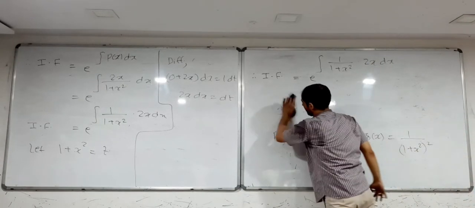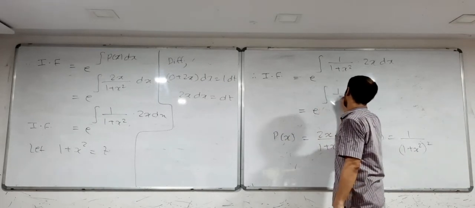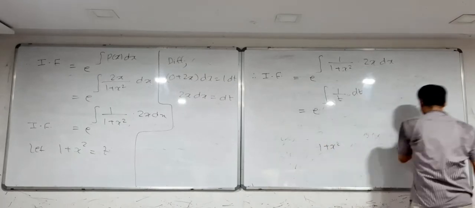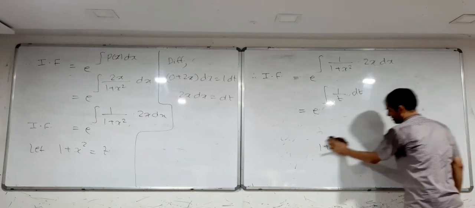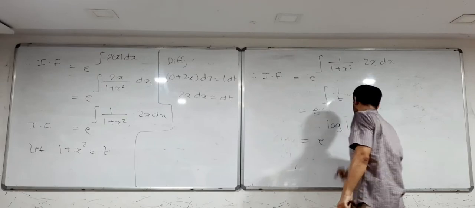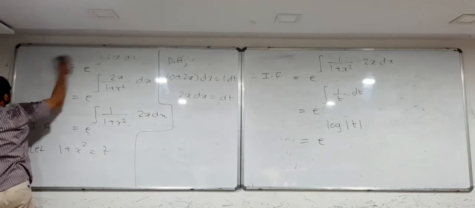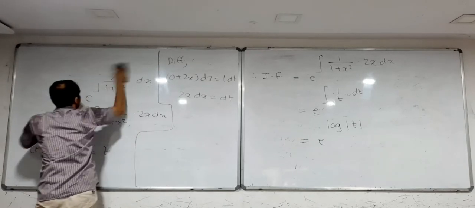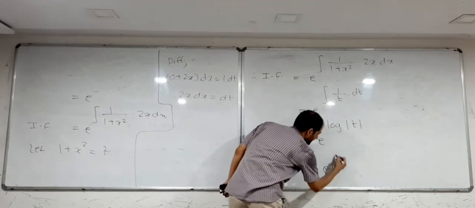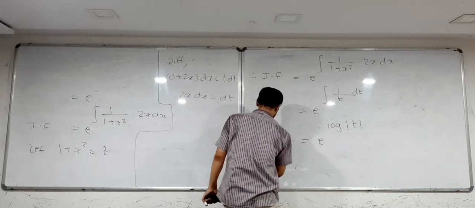What is 1 upon t dt? तो ये कितना हो जाएगा? e raised to integration of 1 upon t और 2x dx is dt. What is integration of 1 upon t? Log mod t. So which is e raised to log mod t. Okay, log mod t, mod t की जगह पर t तो e raised to log t to the base e, तो t आएगा. This I will write integrating factor है.